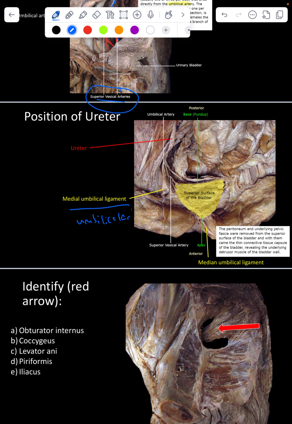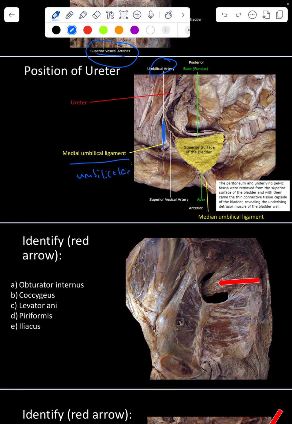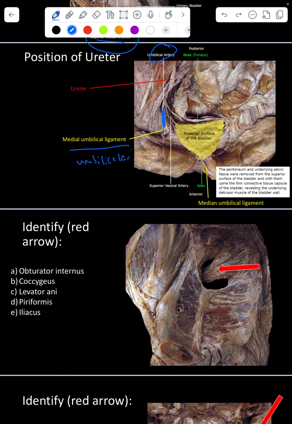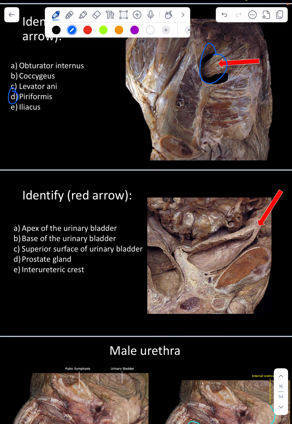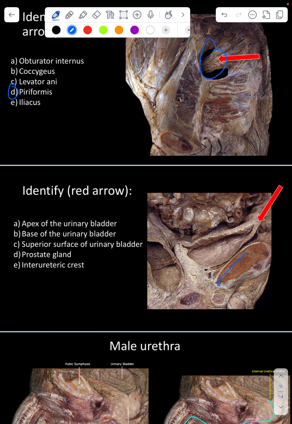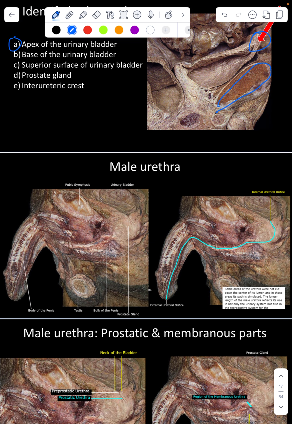So if you follow it up, umbilical artery coming from medial umbilical ligament. And then, I hope by now we know this, the piriformis going through the greater sciatic foramen. That's right here, pubic symphysis. So anterior, apex of bladder.